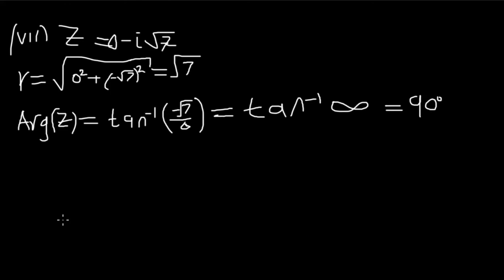So after finding 90 degrees, we can now plot the complex number on the Argand diagram. We see in which quadrant it lies. So it's going to be like this. Approximately my 0 is always going to be 0 like that, and then negative root 7 I'll approximate to be somewhere there.